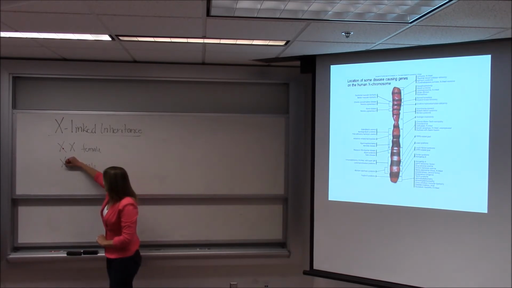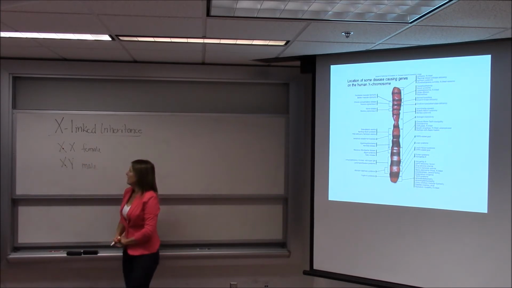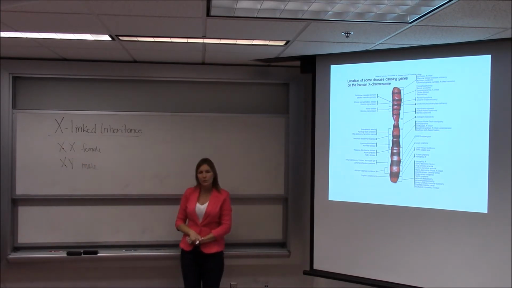If this guy has a bad recipe on his X, does he have another normal copy? No, he does not. He does not have another X. So in this case, he would have the disorder. He does not have another X chromosome to make that protein correctly. Therefore, these X-linked disorders tend to occur more in males, because females can actually be carriers.